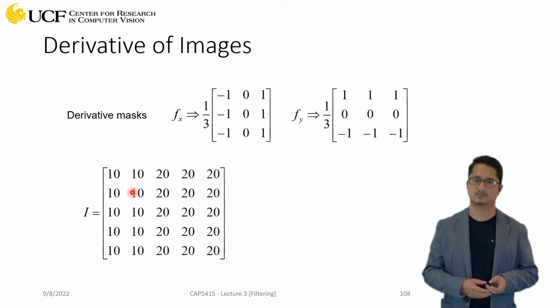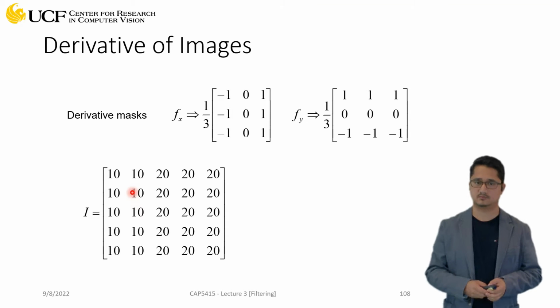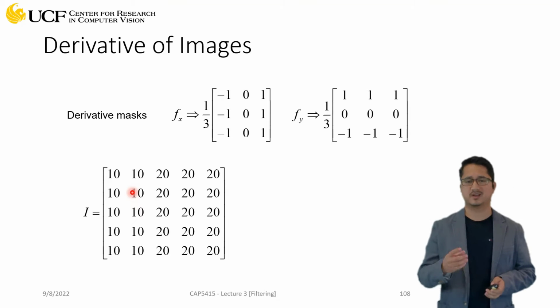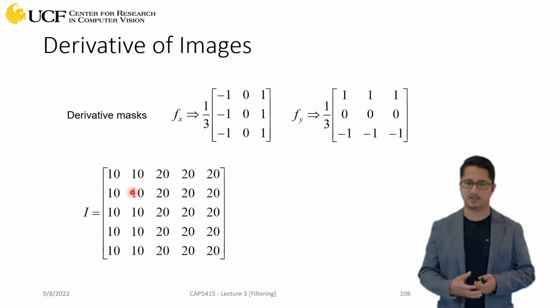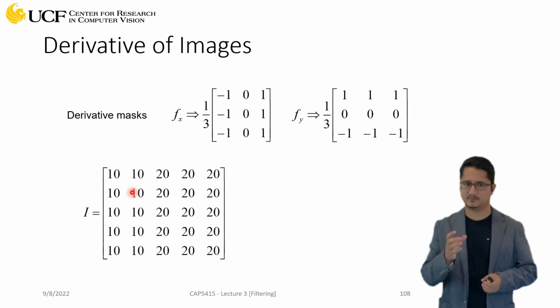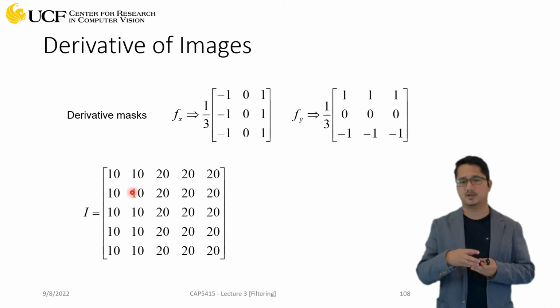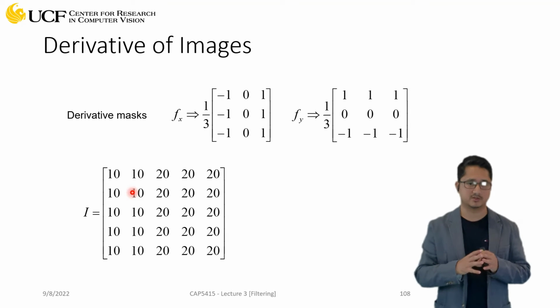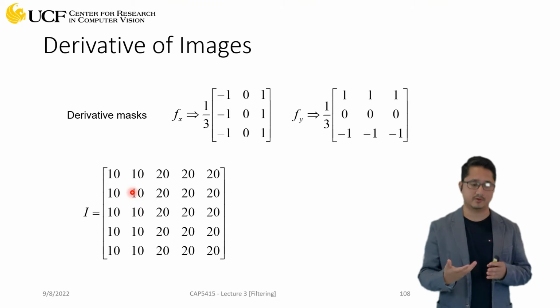Why do we choose 1/3 to normalize instead of 1/9? Yeah, you can have 1/9 as well. Again, that depends on what your end goal is. In this case, we are just measuring whether there is a difference or not, right? It's not that we are doing filtering and trying to preserve the structure of the image, as we were doing in smoothing.